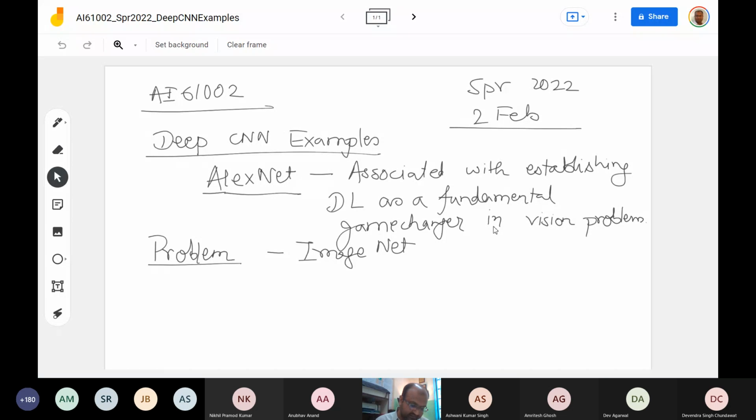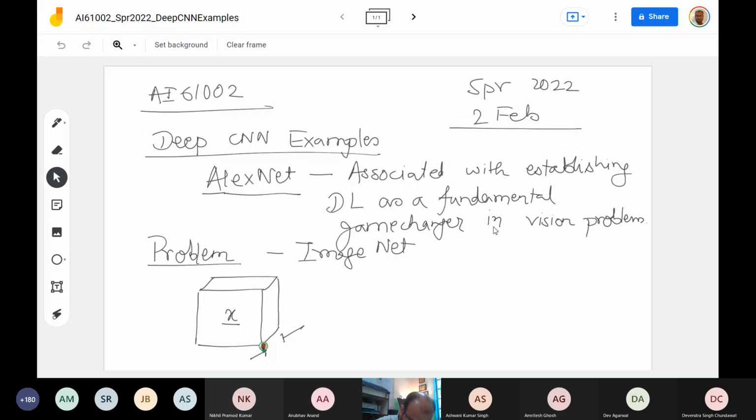ImageNet is essentially a data set which has color images, each of size, so this is my color image X. It's a color image, so definitely in RGB format, it's going to have 3 channels, and it has 224 rows and 224 columns.